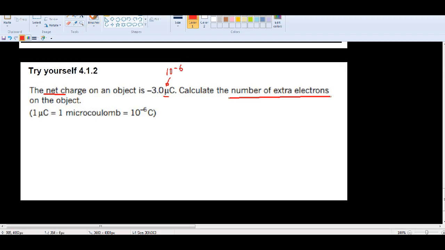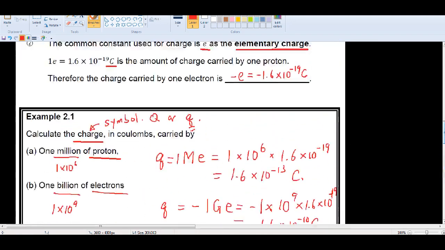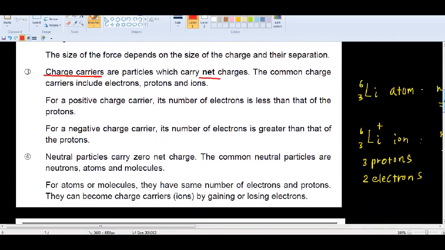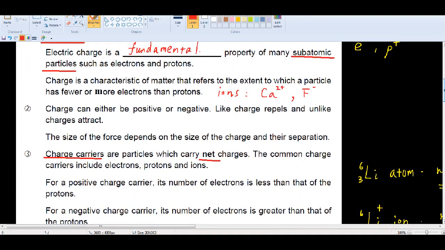Number of extra electrons. What do you mean by extra electrons? Because we know electrons are minus e, and the net charge is minus. Let's go back to a previous thing. Charge is a characteristic that refers to the extent to which a particle has fewer or more electrons.